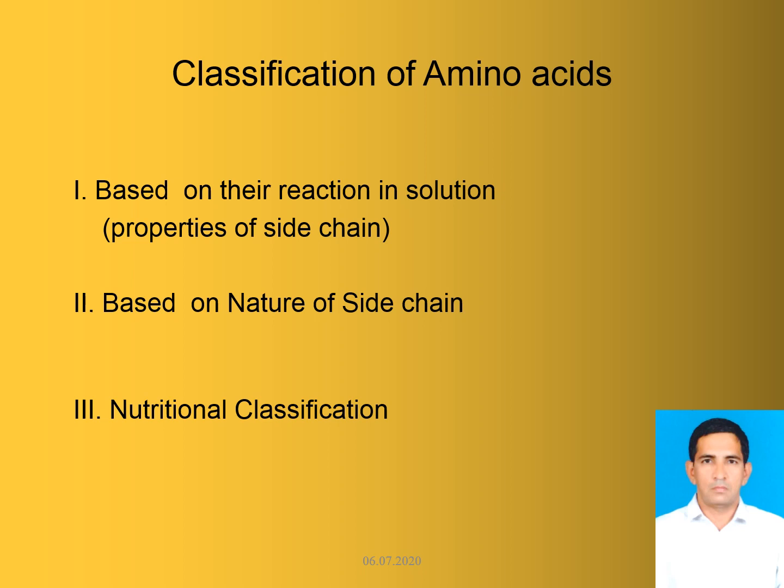Note that when individual amino acids are combined to form proteins, their carboxyl and amino groups are no longer able to act as acids or bases, since they have reacted to form the peptide bond.